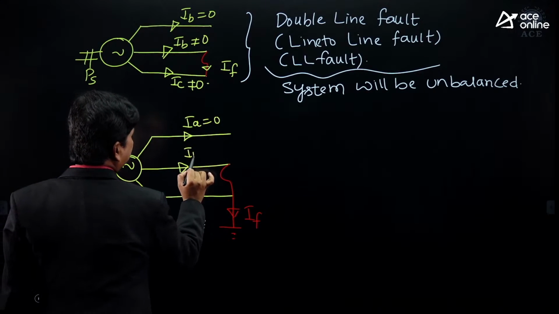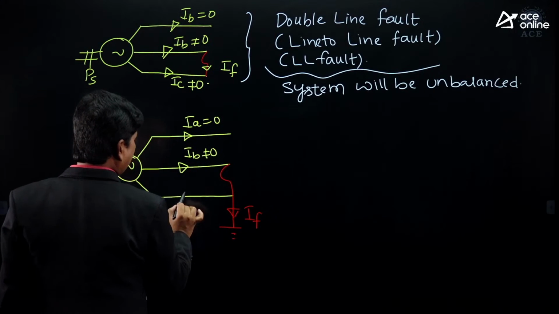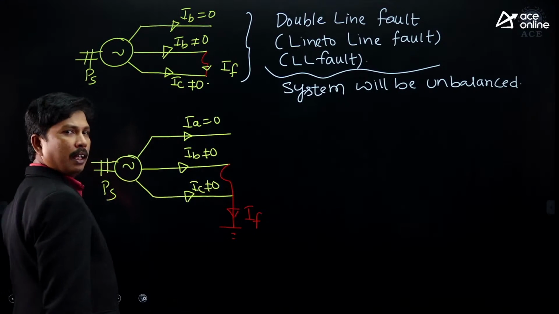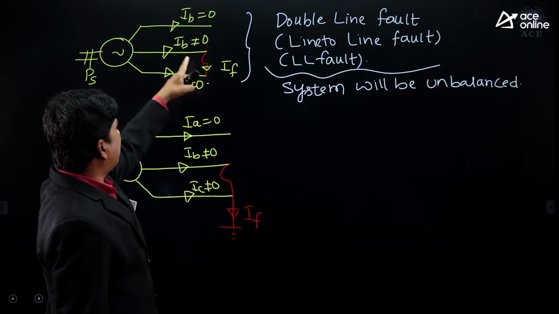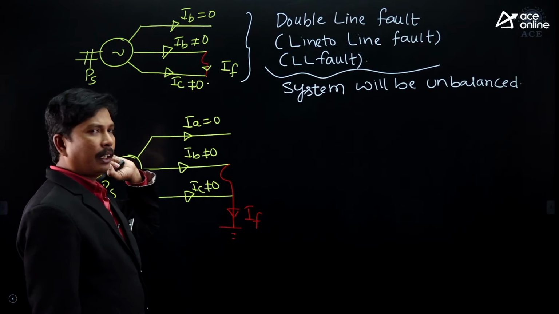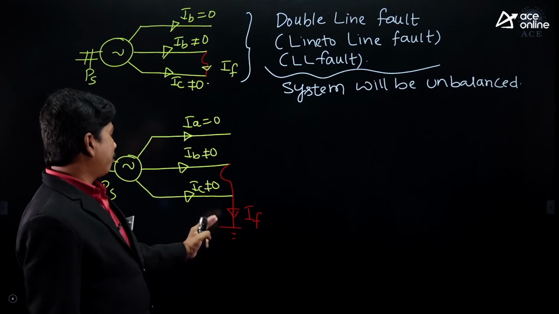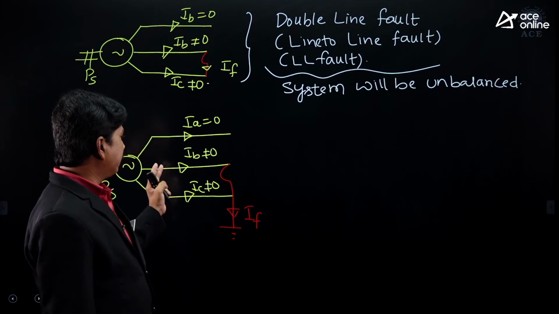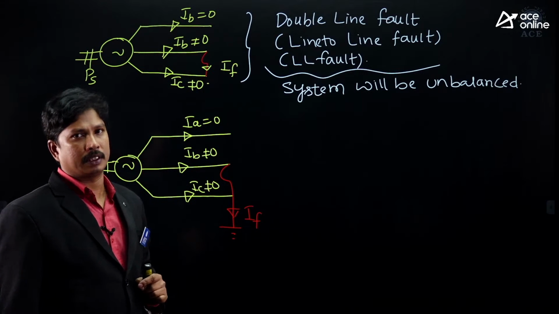We can say the A phase current is 0, but the B phase current is not equal to 0 and the C phase current is also not equal to 0. In this case the fault current may be the B phase current or the C phase current, but here the fault current is the sum of the B phase current and the C phase current.